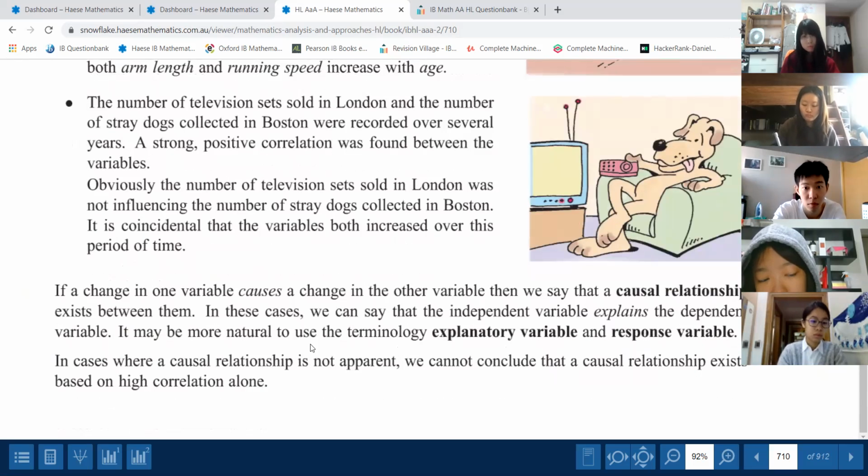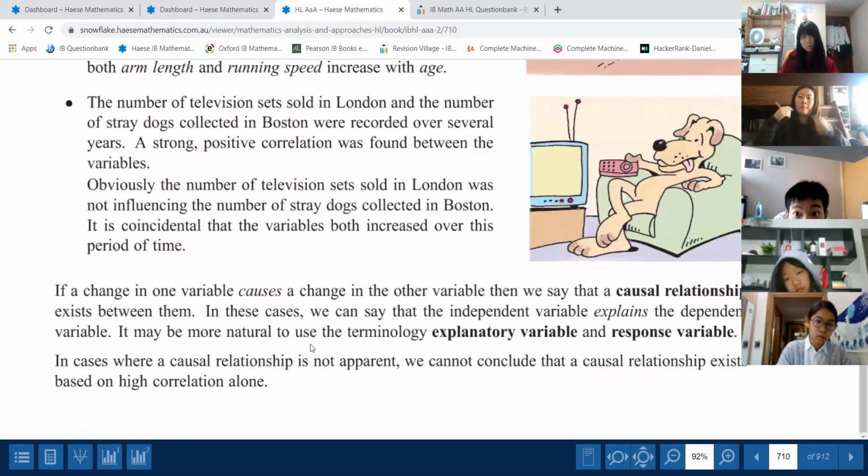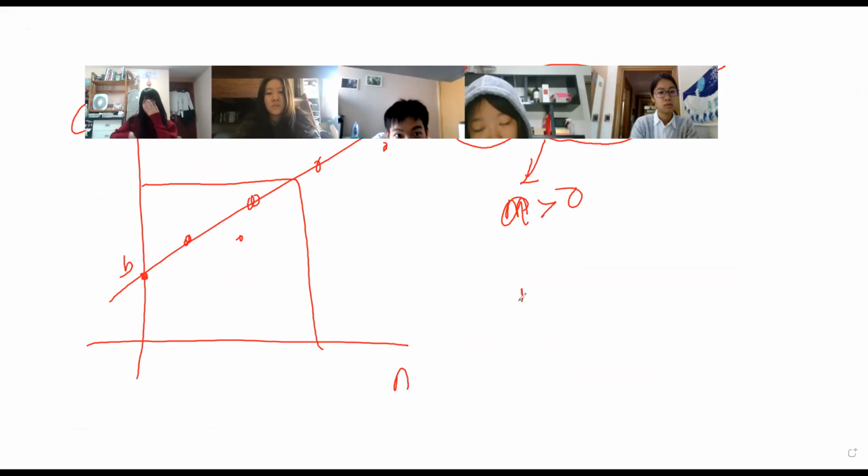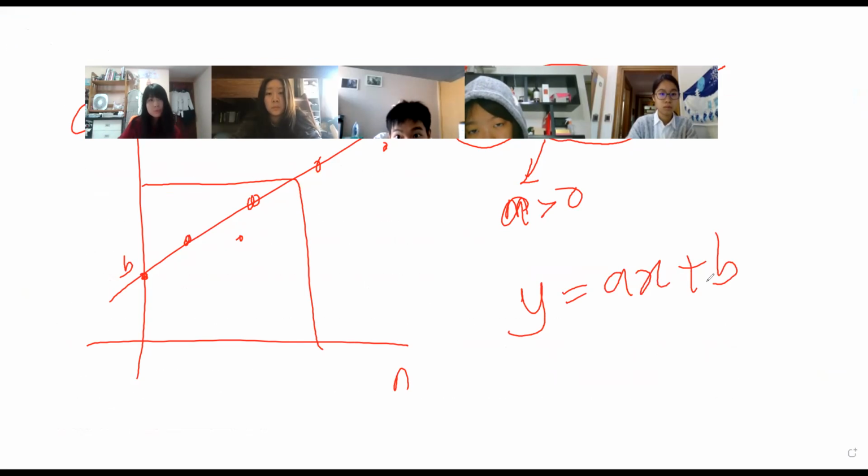Now, in these cases, we say independent variable. I've mentioned independent variable and dependent variable in the past. I like to use X and Y to explain it. When you write Y equals AX plus B, the value of Y depends on what you substitute for X, isn't it?